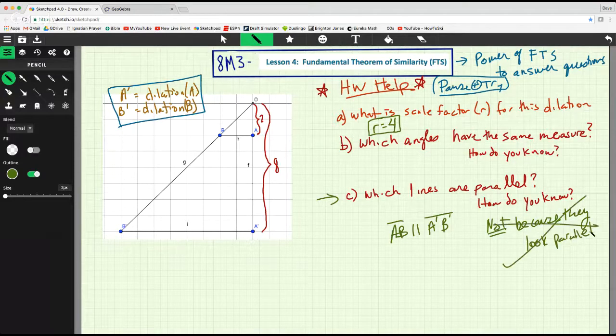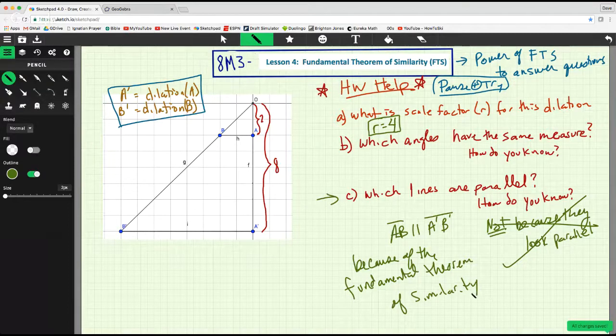That is not a legitimate answer. The answer is because of the fundamental theorem of similarity.